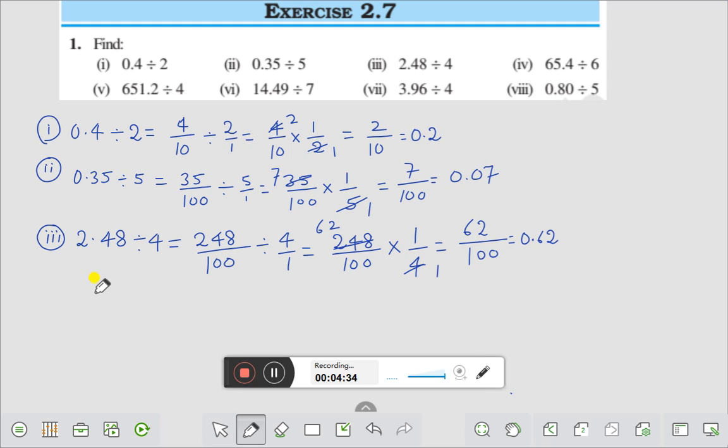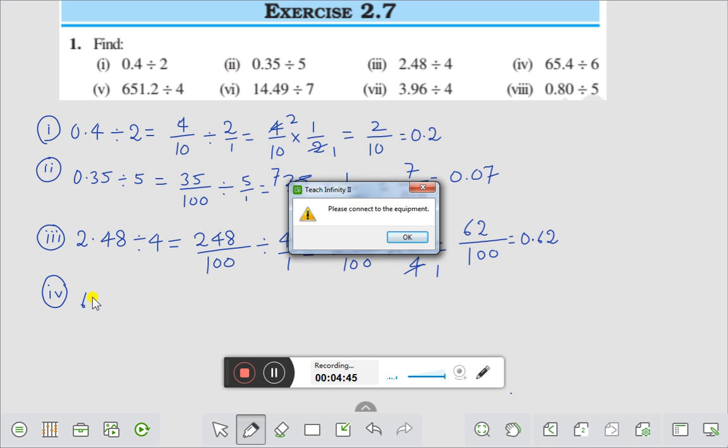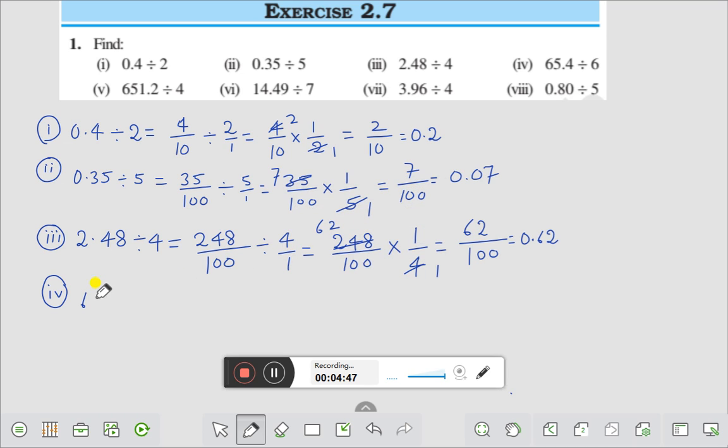Right? Now question number 4 is 65.4 divided by 6.